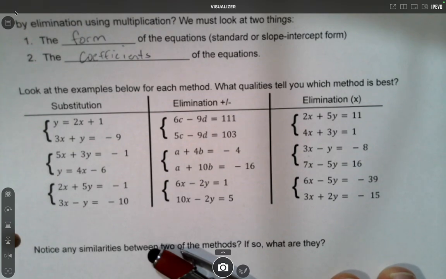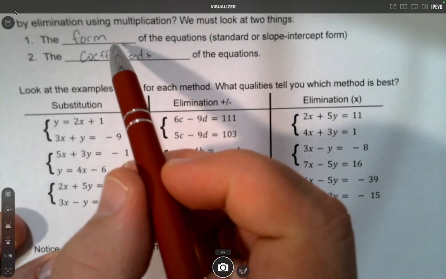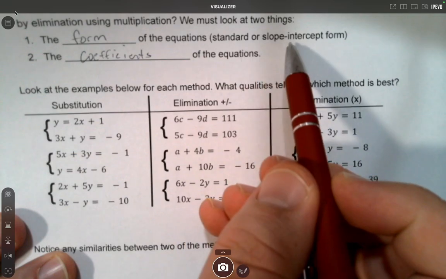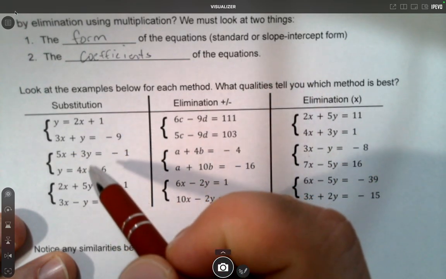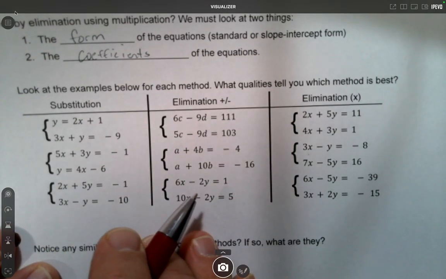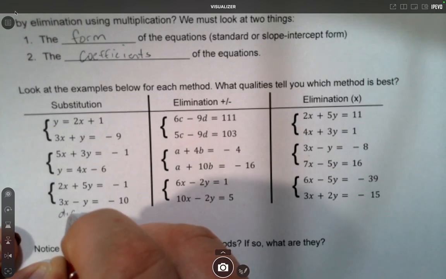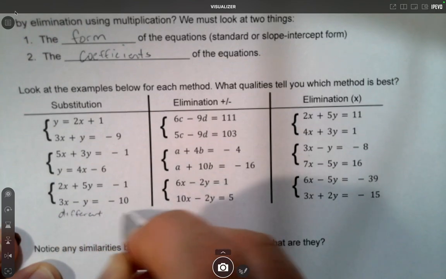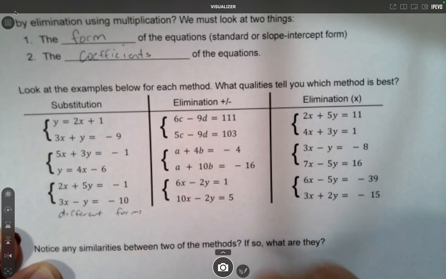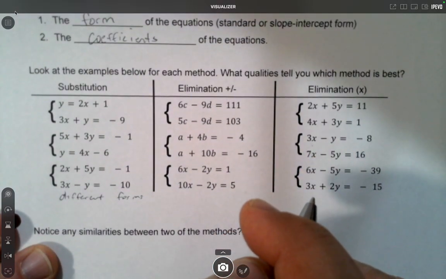Okay, so let's remember we talked about different forms. So these, I do notice some slope-intercept form, but I notice some standard form too. So really, we do see different forms here. So the form by itself doesn't tell us exactly whether substitution is good.